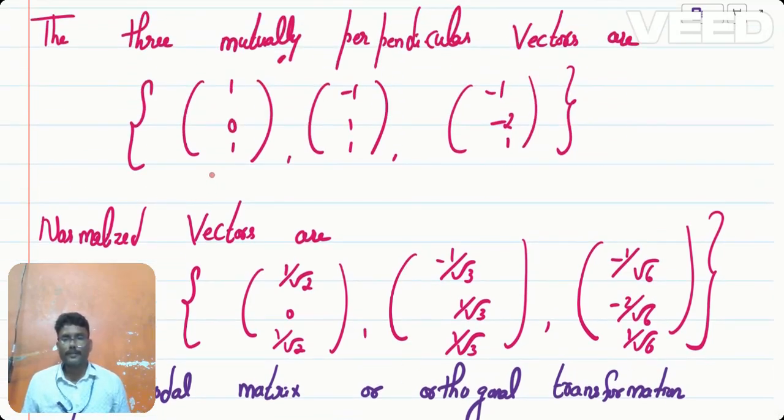Since this came from lambda is equal to 1, and this came from lambda is equal to minus 2, and the third one will automatically be lambda is equal to 1.